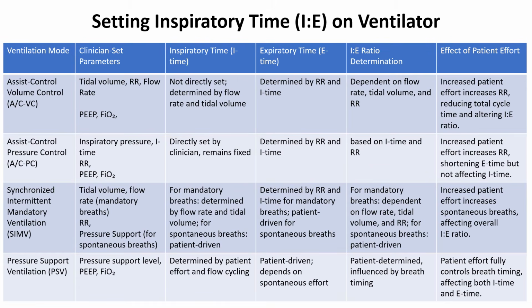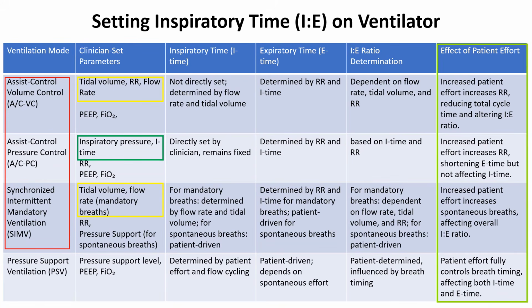In any mode with mandatory breaths, such as assist control volume control, assist control pressure control, and synchronized intermittent mandatory ventilation, these parameters are set similarly, either indirectly through flow rate and tidal volume in volume control-based modes or directly through inspiratory time in pressure control-based modes. The main difference comes from patient-triggered breaths, which can alter the overall respiratory rate.